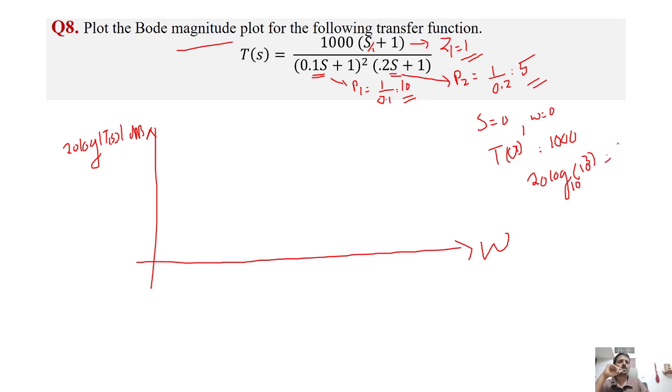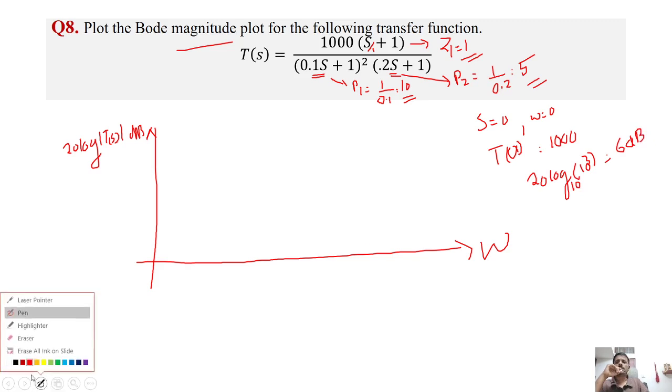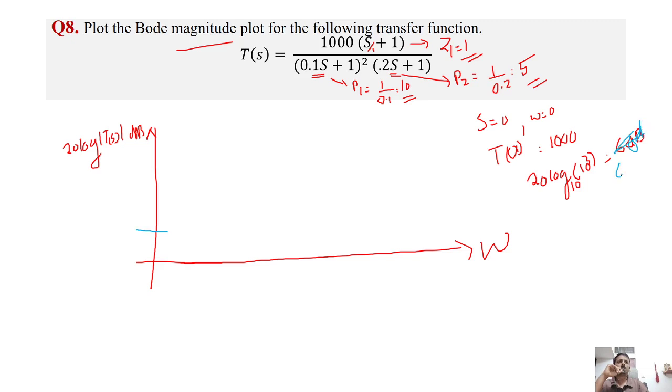The value will be 60 dB. So definitely when the frequency is 0, it will start at 60 dB.